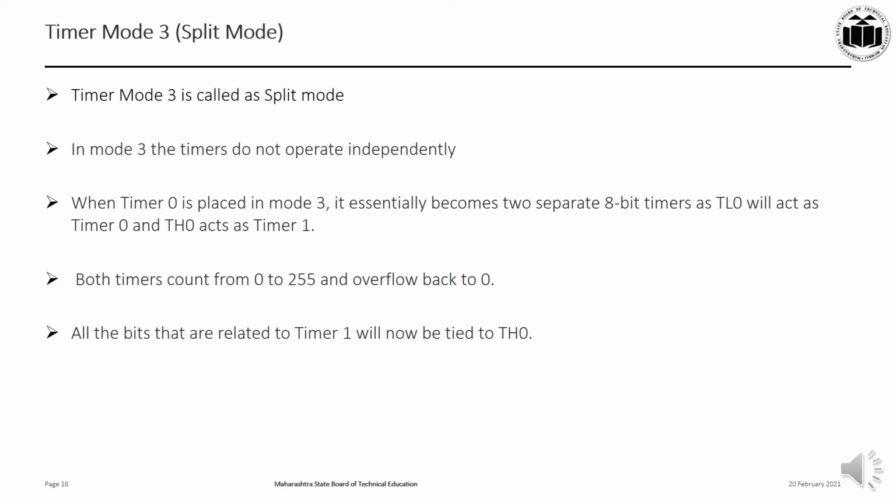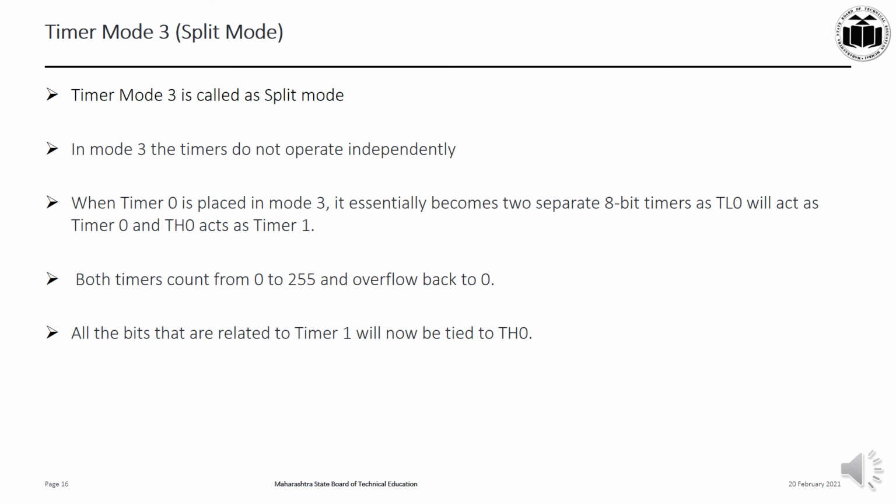When timer 0 is placed in mode 3, it essentially becomes two separate 8-bit timers, as TL0 will act as timer 0 and TH0 will act as timer 1. Both timers count from 0 to 255 and overflow back to 0, as both are 8-bit timers. All the bits that are related to timer 1 will now be tied to TL0.